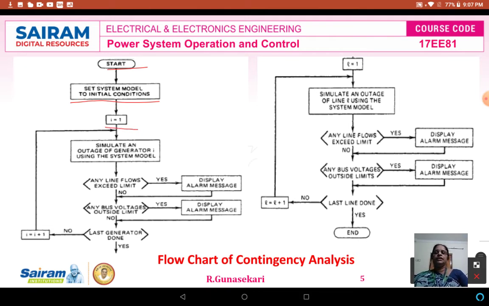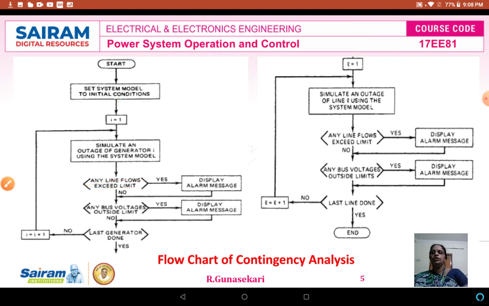That means the first generator. And then we simulate an outage of generator I using the system model. Okay, so for the first generator I have to check whether any line flows exceed the limit or not.